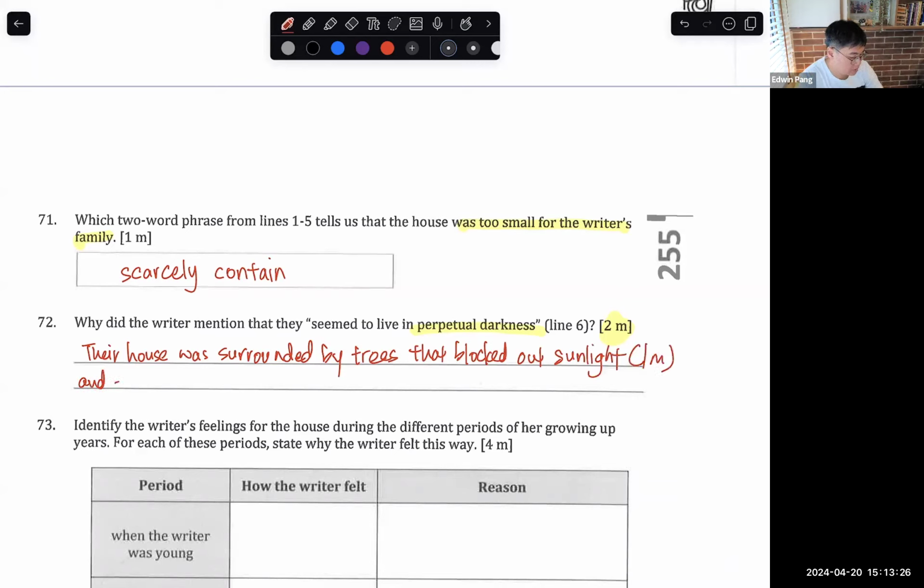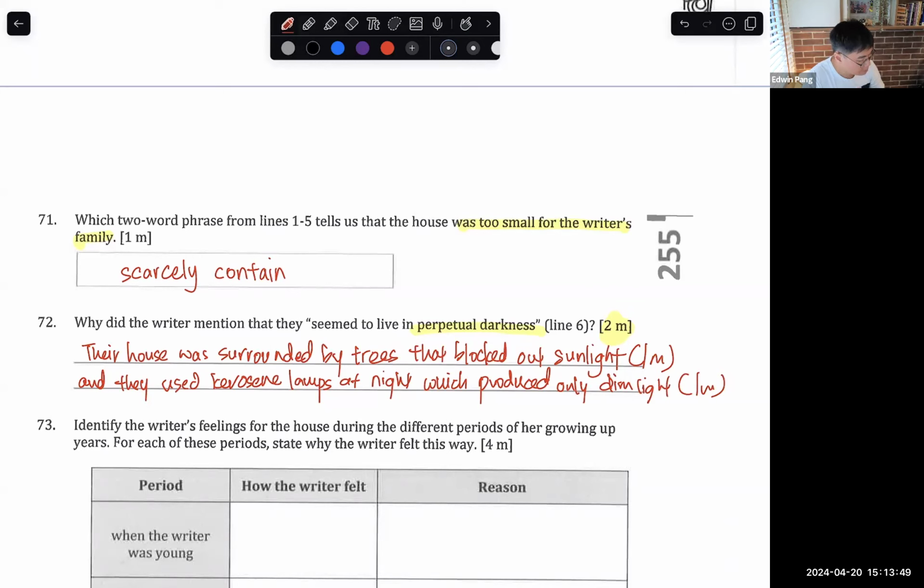And they used kerosene lamps at night, which produced only dim light. Again, I'll highlight for you what are the keywords.